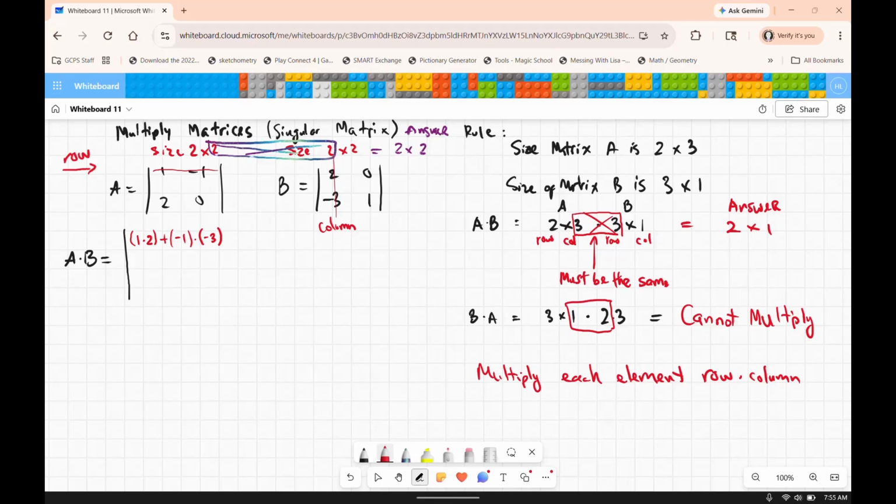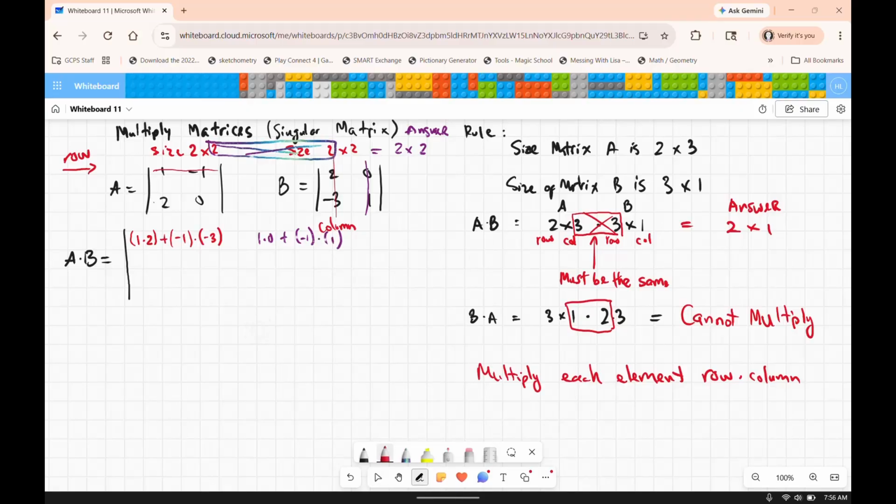Now I'm going to continue on this row with the next column: 1 times 0 plus -1 times 1.